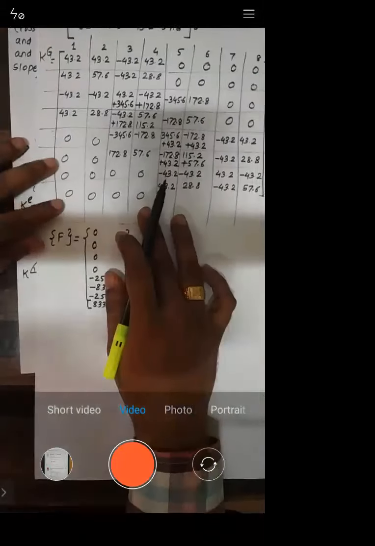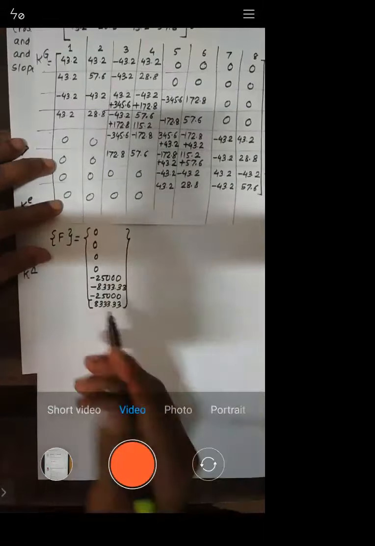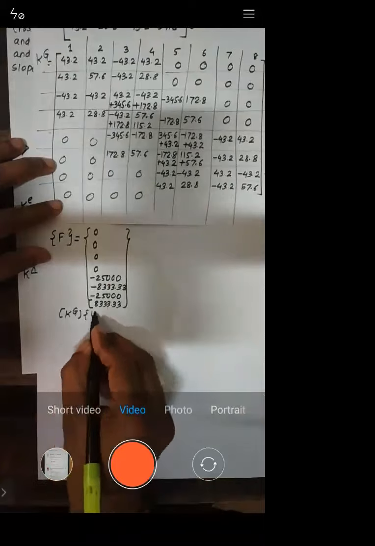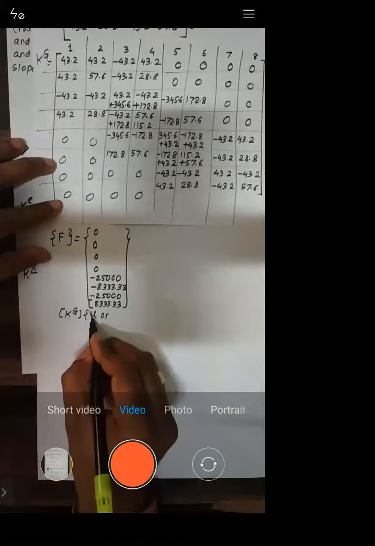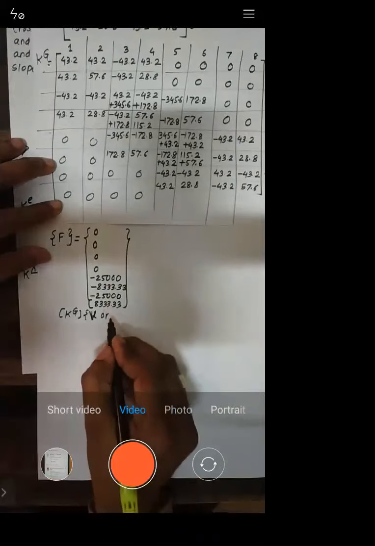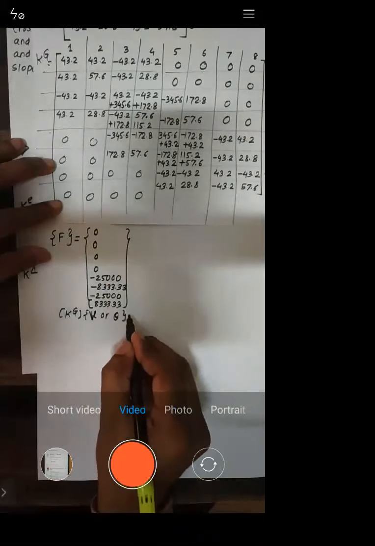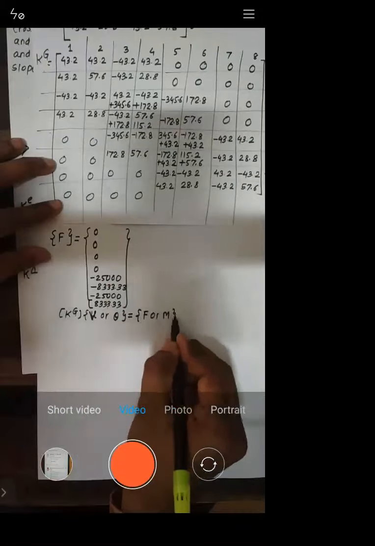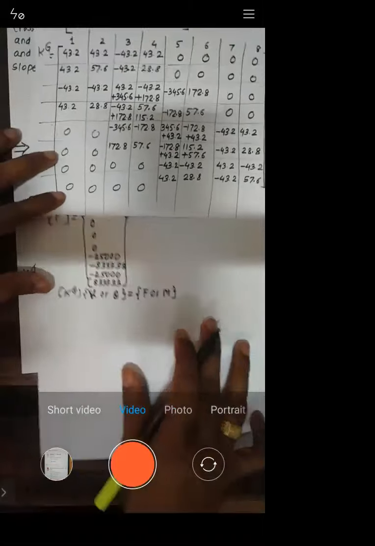Now based on this, we should write down the global matrix, right? As you know, the global stiffness matrix, when you multiply it by displacement, vertical displacement or angular displacement, is given by force or moment. So we need to write down these matrices.